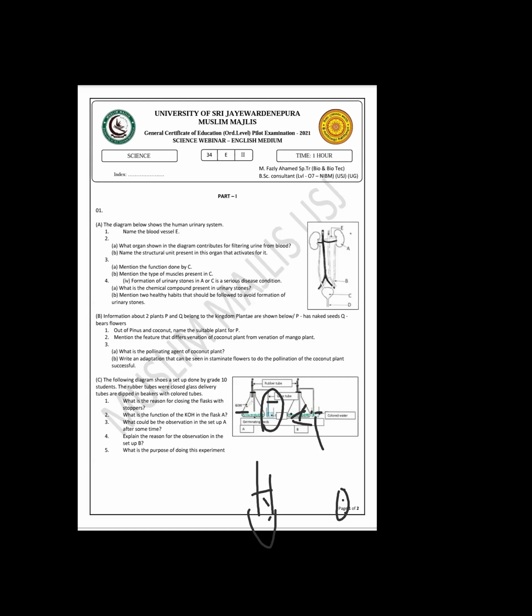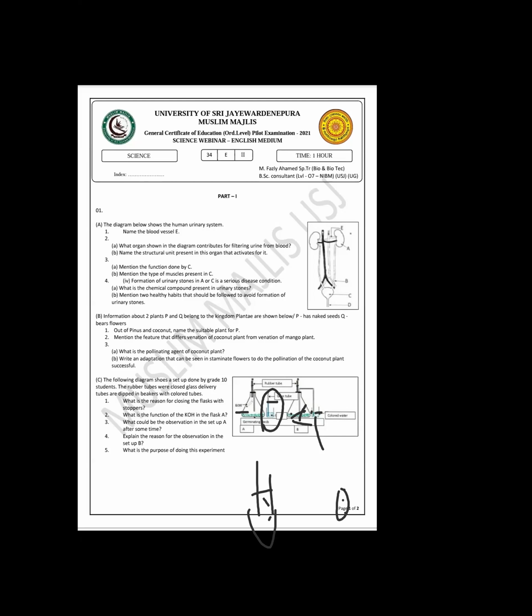Why are they using the KOH in a flask? We can see the color change. What could be the observation in setup A after some time? The water level is reduced compared to B. Explain the reason for the observation in the B setup.